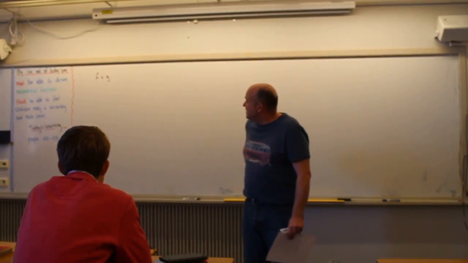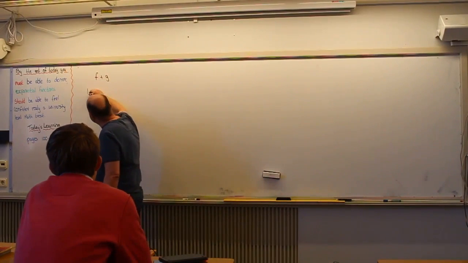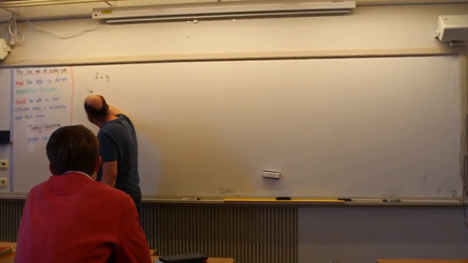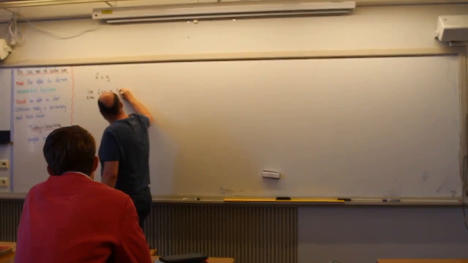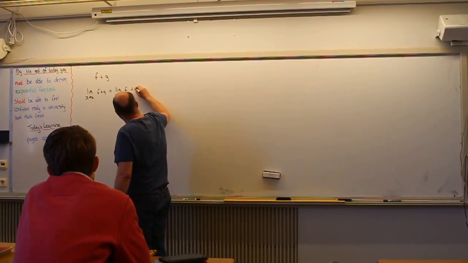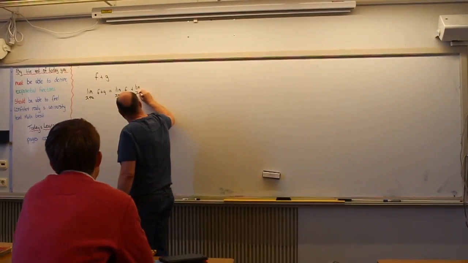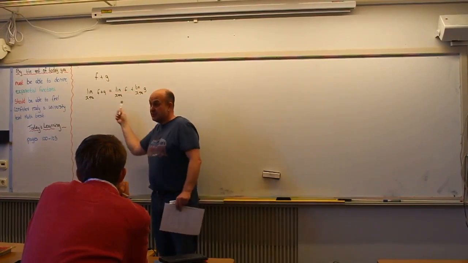What it means here is that the limit as x approaches a of f of x plus g of x is equal to the limit as x approaches a of f plus the limit as x approaches a of g. And we saw this one yesterday.